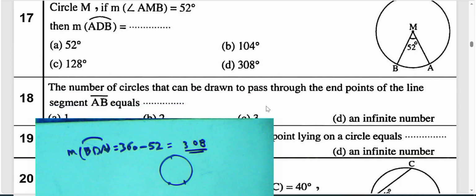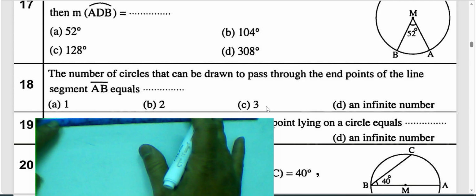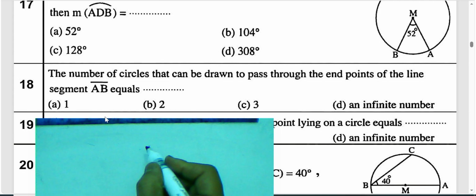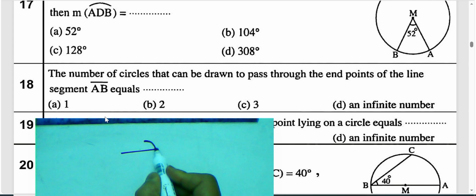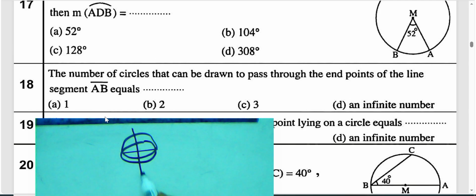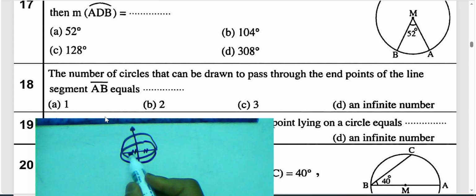Okay, next question, number 18. The number of circles that can be drawn to pass through the endpoints of the line segment AB. We have infinity. If we have a line segment like this, we can have a circle like this or a circle like this. The centers of all circles lie on a straight line which passes through the midpoint of the line segment AB and is also perpendicular.